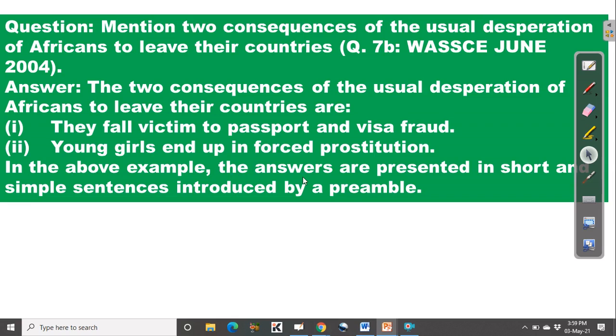So in the above example, the answers are presented in short and simple sentences introduced by a preamble. So you can see that you can use a preamble to present your comprehension answers if a question requires two or more sentences.